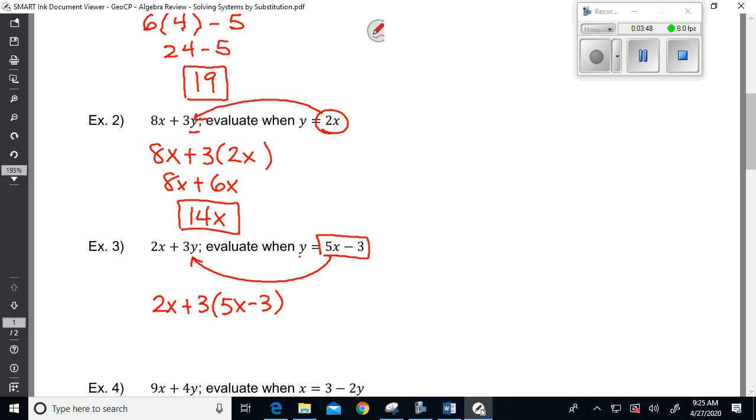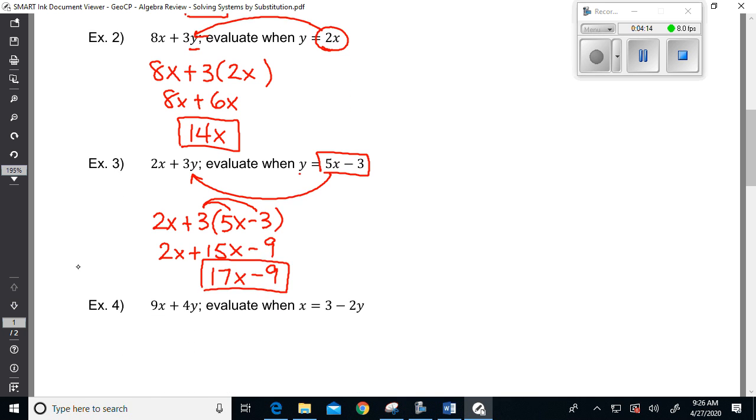And again, simplifying it is distributive property. 2x plus 15x minus 9. Combine like terms, 2x and 15x is 17x minus 9. And that simplifies and takes care of that problem.